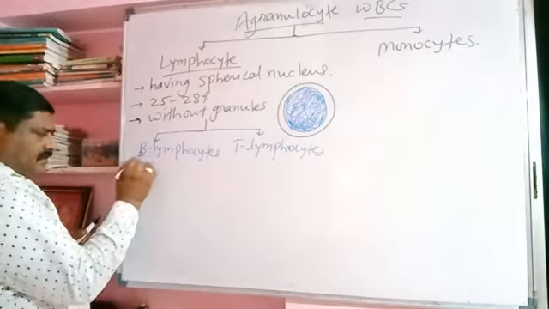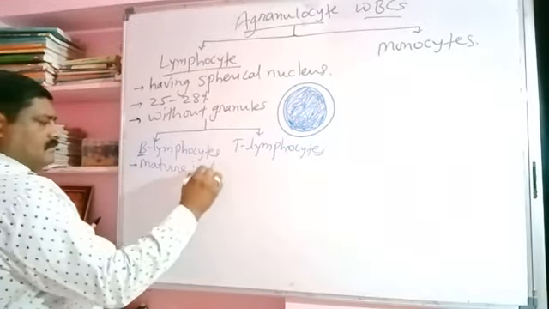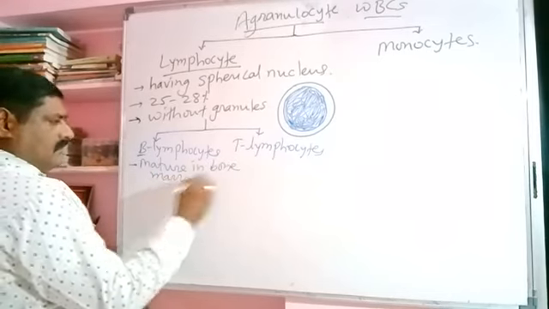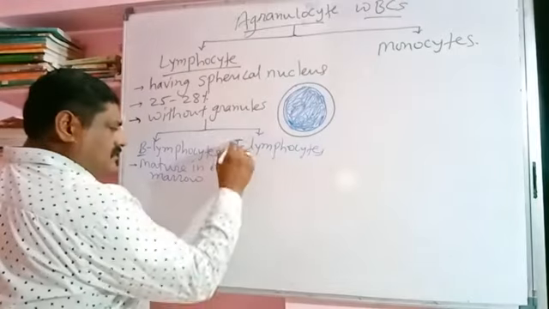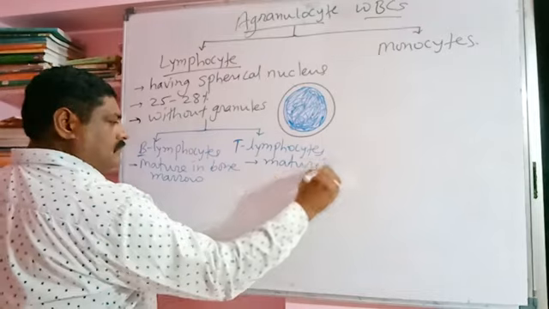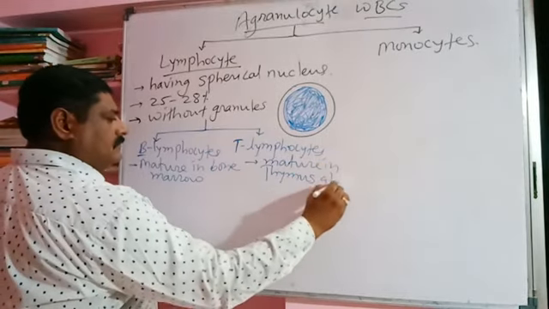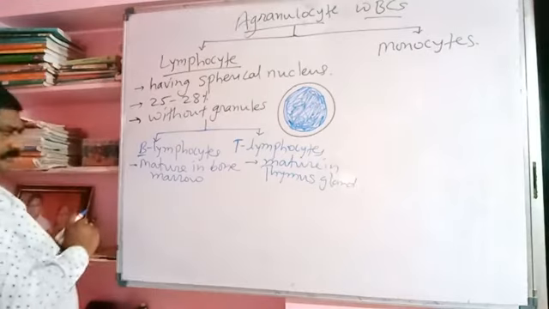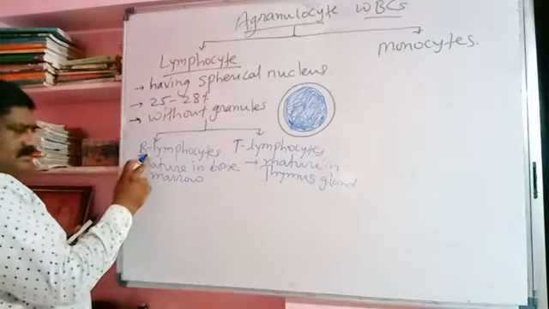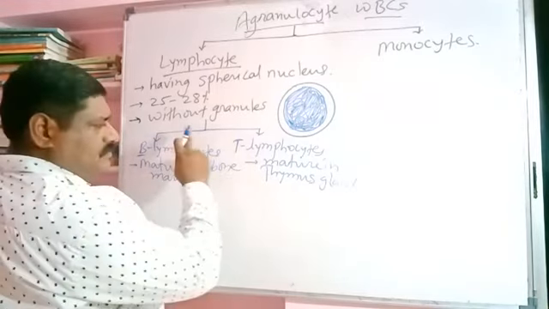As the name indicates, B cells mature in bone marrow. T lymphocytes mature in the thymus gland, the gland concerned with immunity. Both these cells are formed in bone marrow.